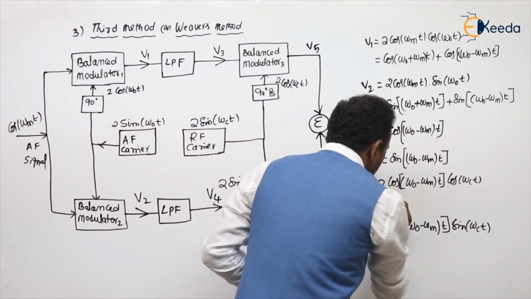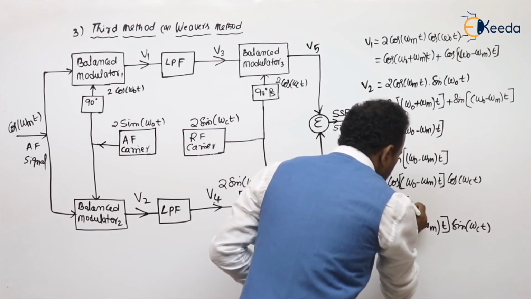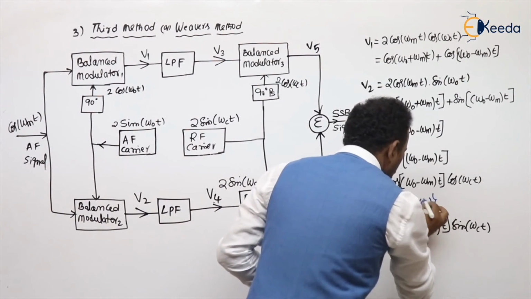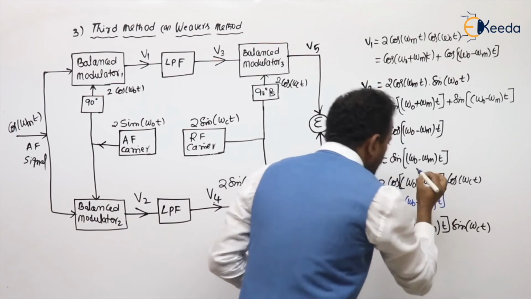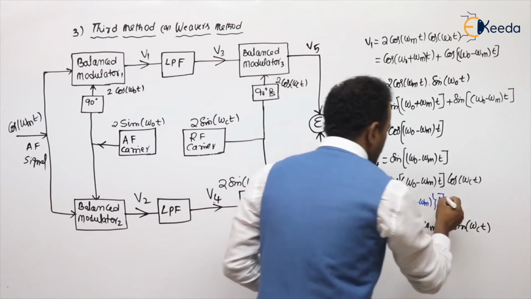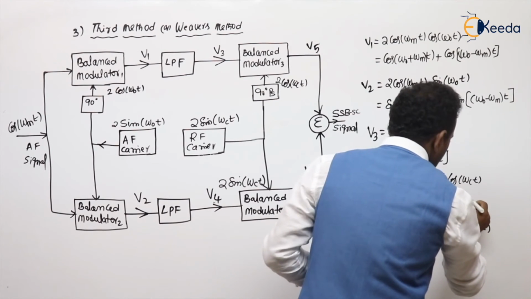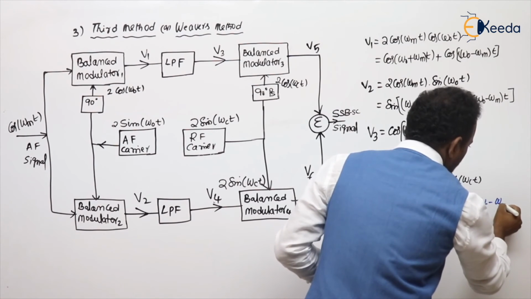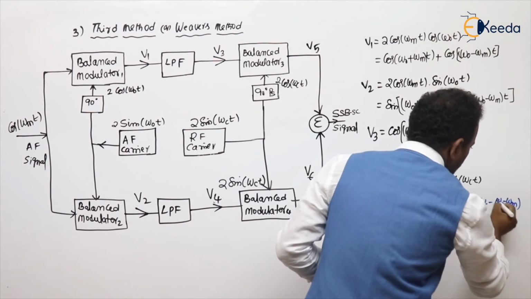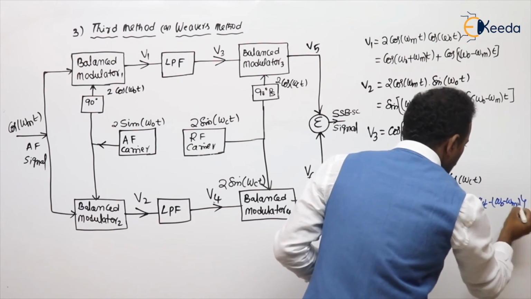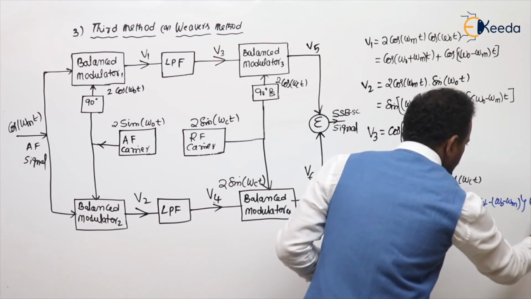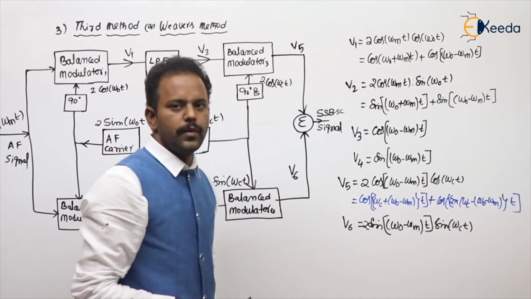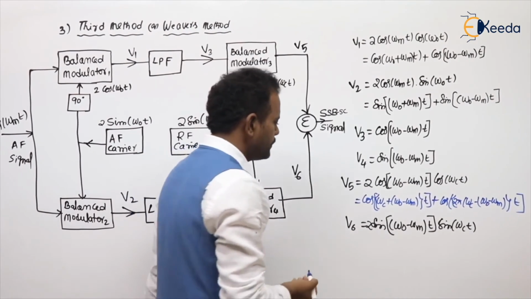Cos A plus B. A plus B means cos 2 pi (omega c plus omega naught minus omega m) whole into t, plus cos A minus B. Cos A minus B means cos 2 pi (omega c minus omega naught minus omega m) t, whole multiplied with t. A plus B, A minus B. Following my point?